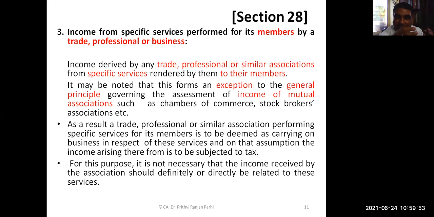We are talking about income generated by some specific activities. That income will be taxable under the head PGBP. That is the third category of income. You have to keep it in mind. So this income generated by a trade, professional or similar association for specific services will be taxable, and this is an exception to the general principle that surpluses of a mutual association are exempt.